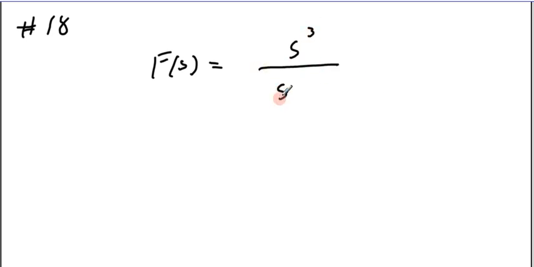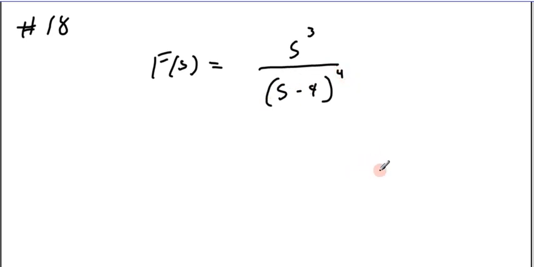Okay, next problem is number 18. F of s equals s cubed divided by (s-4) to the 4th.